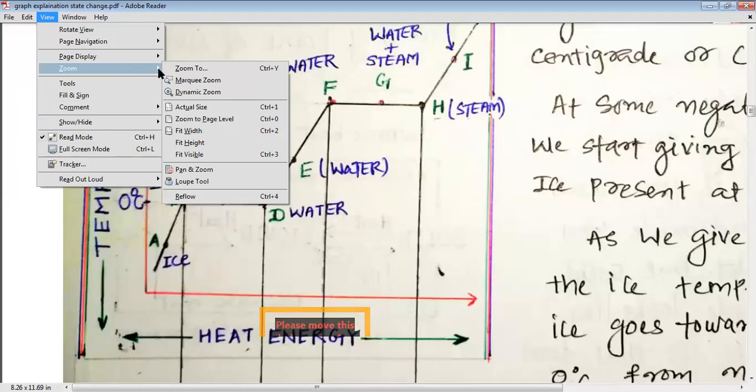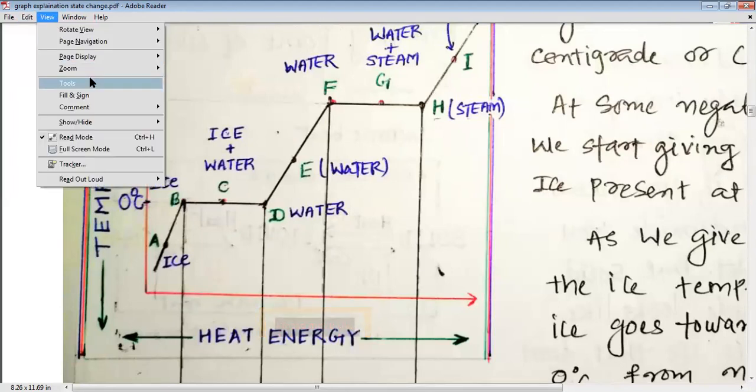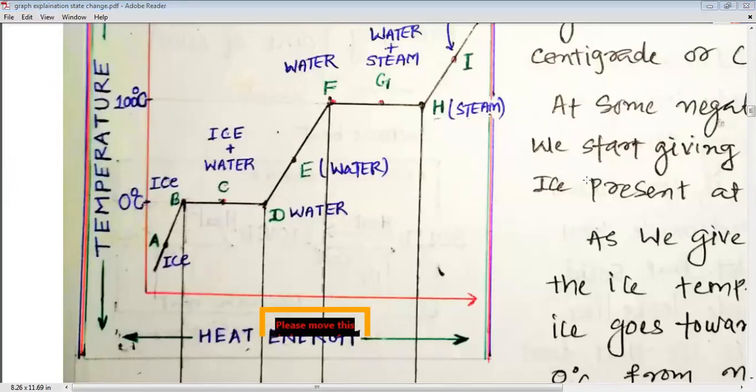Sometimes when we give heat energy, the temperature increases. Sometimes when we give heat energy, the temperature does not increase, the temperature remains the same. All such conditions we are going to study in detail from the graph.